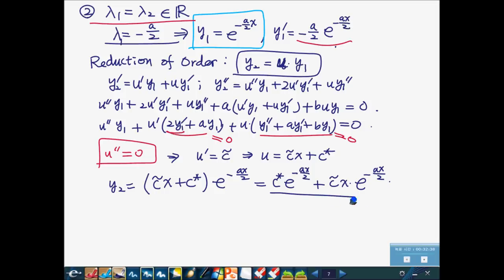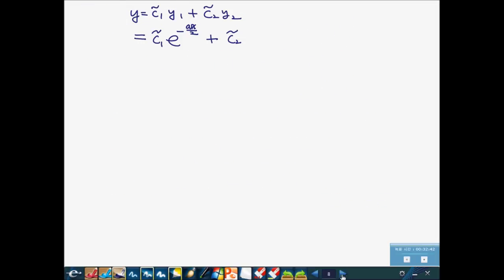That's your y2. C star times e to the minus ax over 2 plus c tilde, right? Times x times e to the minus ax over 2. Correct?